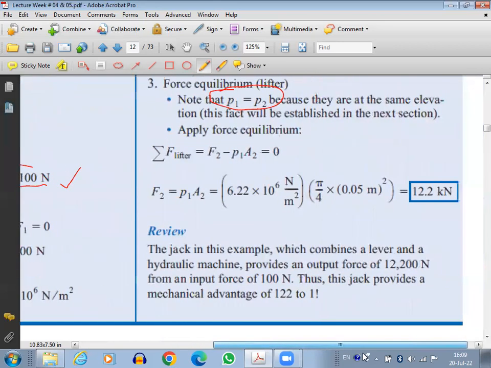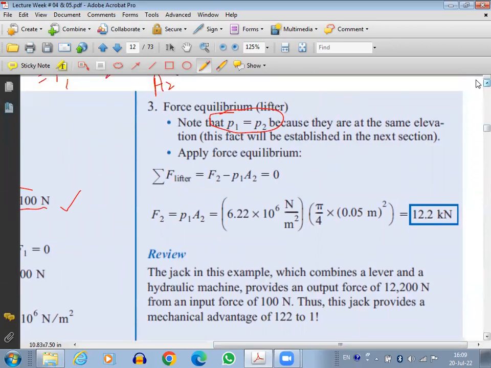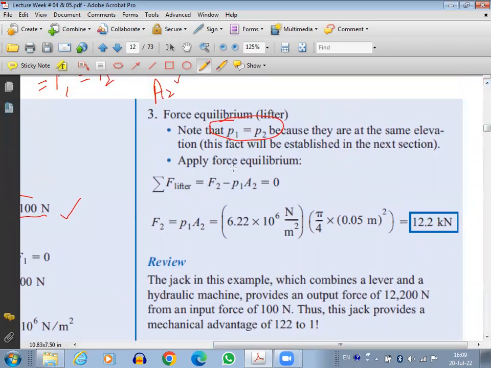This is understandable. Okay, so the actual value of force which can be lifted is 12.2 kilonewton, means 12,200 Newton. So the actual amount of input force was 100 Newton, like 122 times is the mechanical advantage.